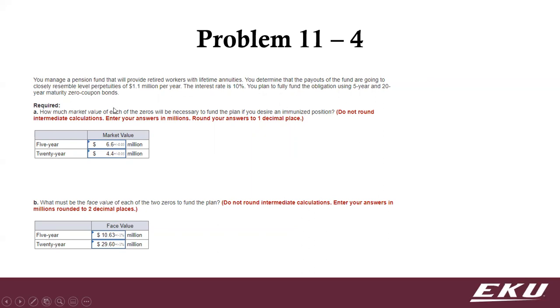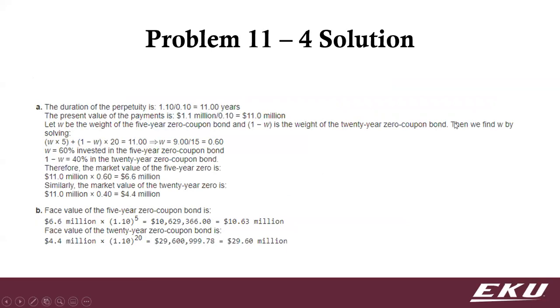We have a 5-year zero coupon and a 20-year zero coupon that we're going to invest in to be able to immunize this position for these lifetime annuities. And again, let's understand that the weight is times the 5-year, and then 1 minus the weight would be times the 20-year, because all of our money is going to be in 5 or 20-year zero coupon bonds.